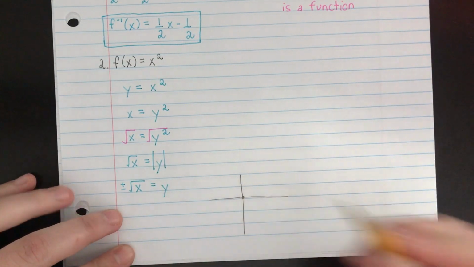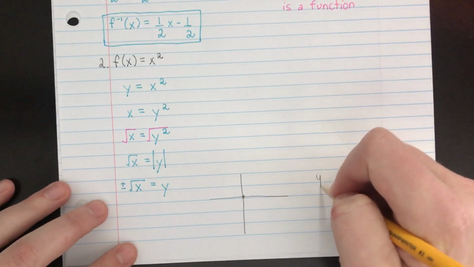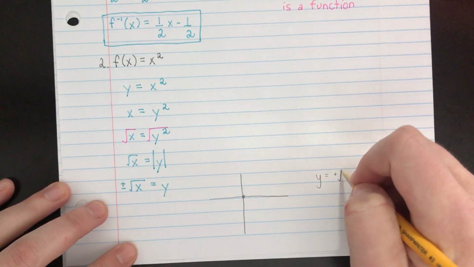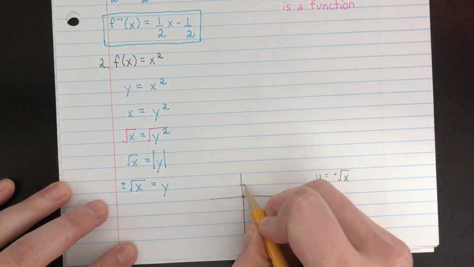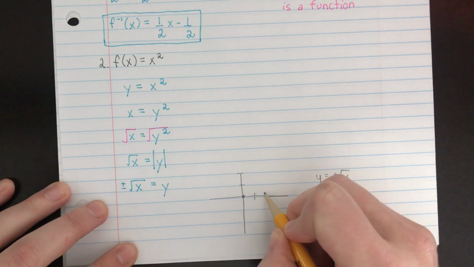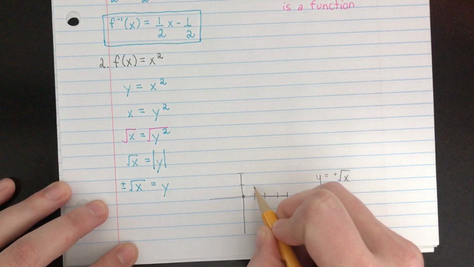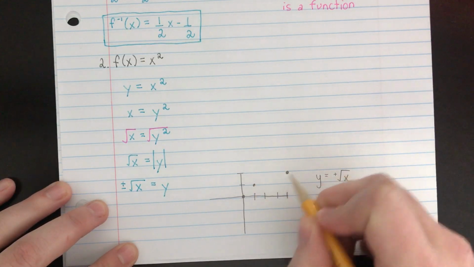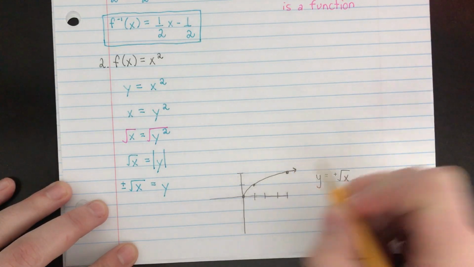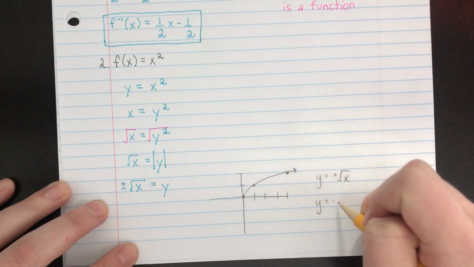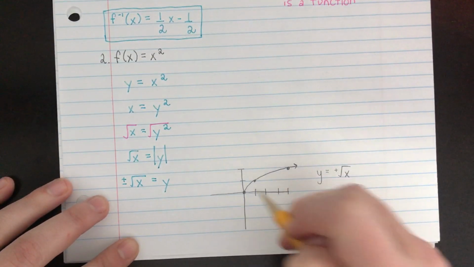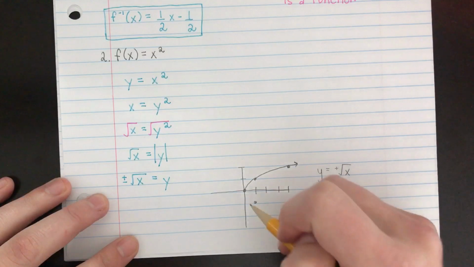The positive version of the square root graph, y equals positive square root of x, looks like this. However, the negative version of the square root graph looks like this.